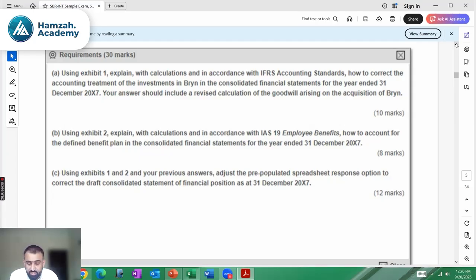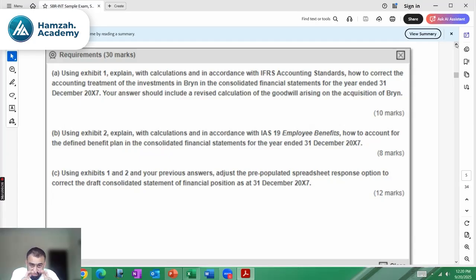Your answer should include the revised calculation of the goodwill arising on the acquisition of the B company. Total marks 10.